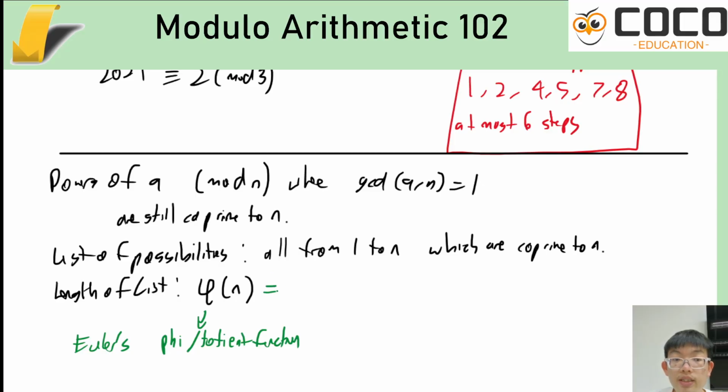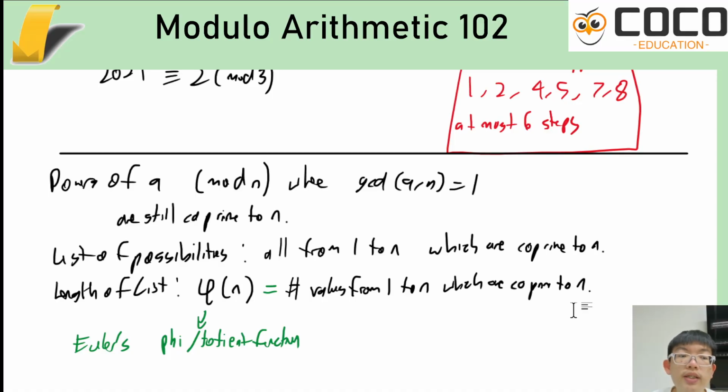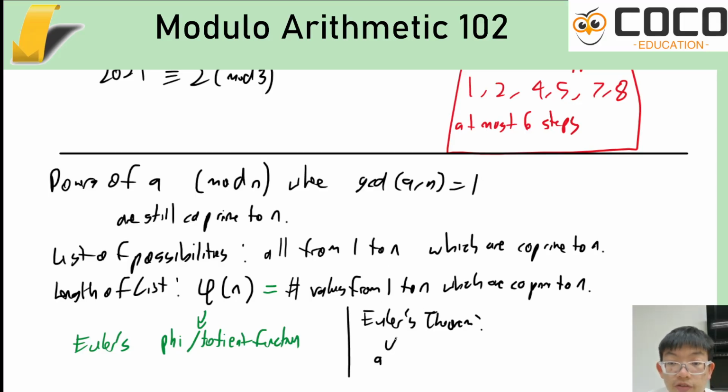This is basically the number of values from 1 to n which are co-prime to n, and what Euler's theorem says is consistent with Fermat's little theorem. But now in general it says that phi of n is the length of the list at most.